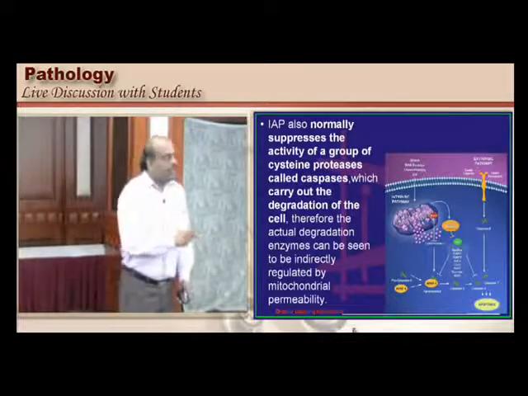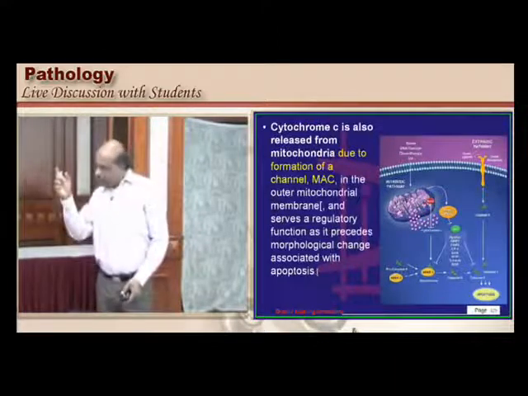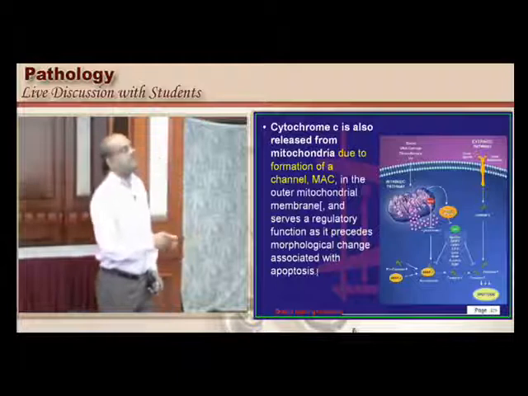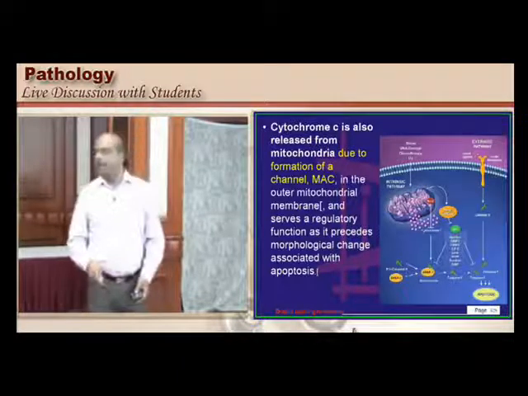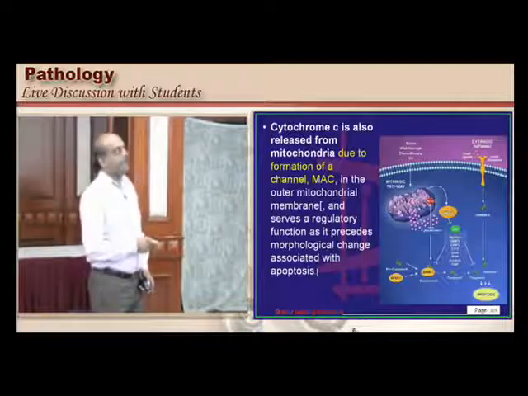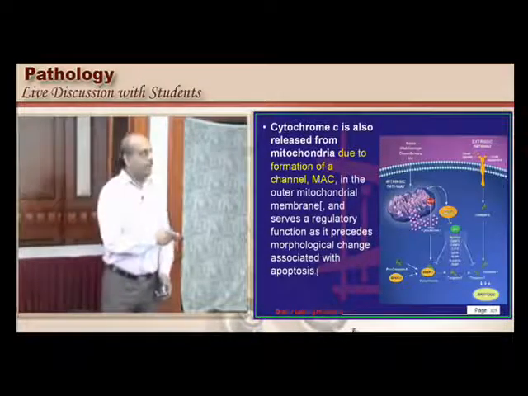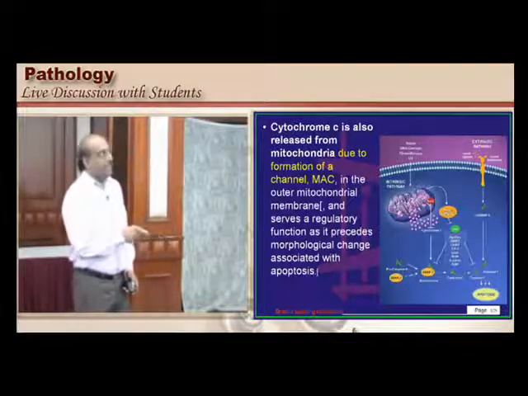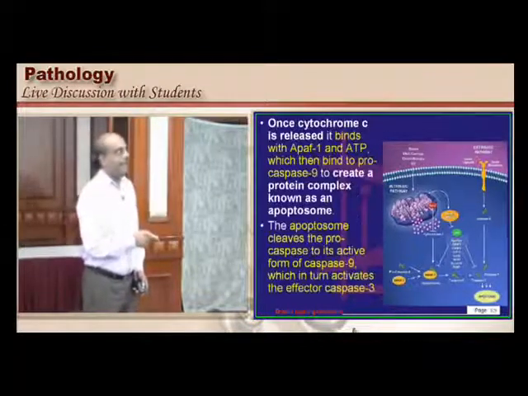Now there is one more thing. The moment the mitochondria becomes leaky, it will typically release cytochrome C, another important mediator. Once cytochrome C is released, it will bind with APAF1 and ATP.